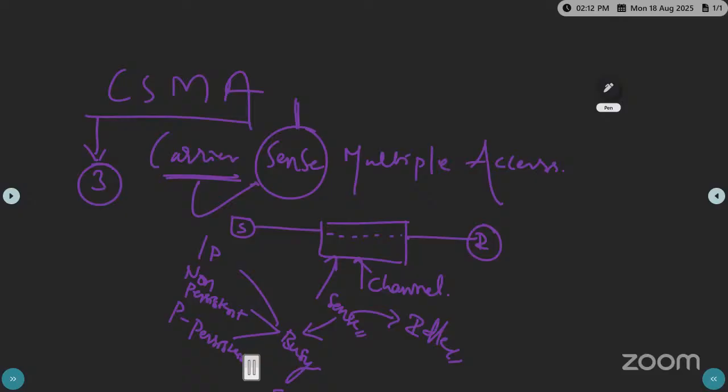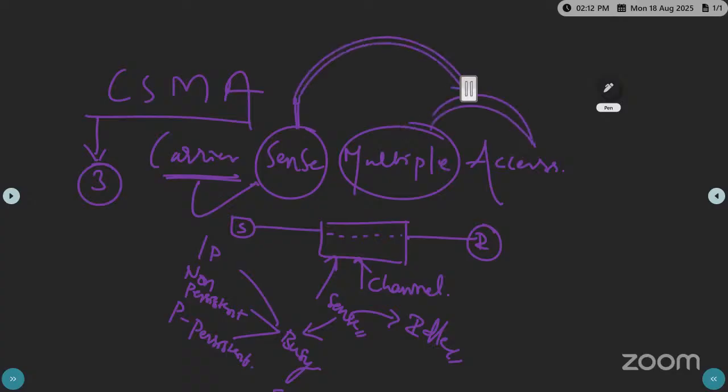In CSMA, carrier sense multiple access, if you want to carry the data, what is required?